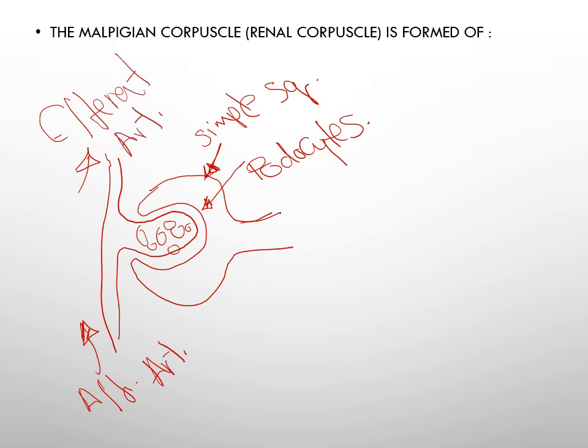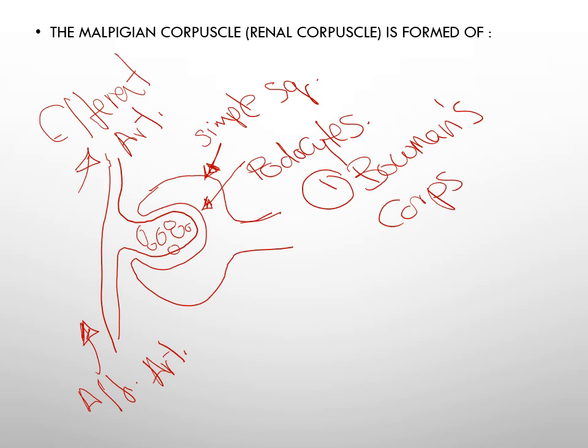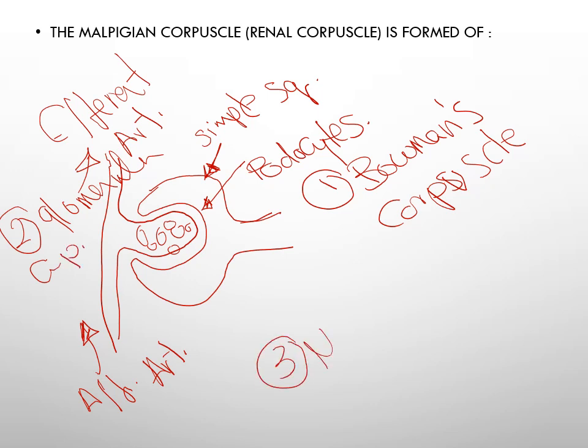Okay, so it is formed of number 1, the Bowman's capsule, number 2, the glomerular capillaries, and number 3, the mesangium.